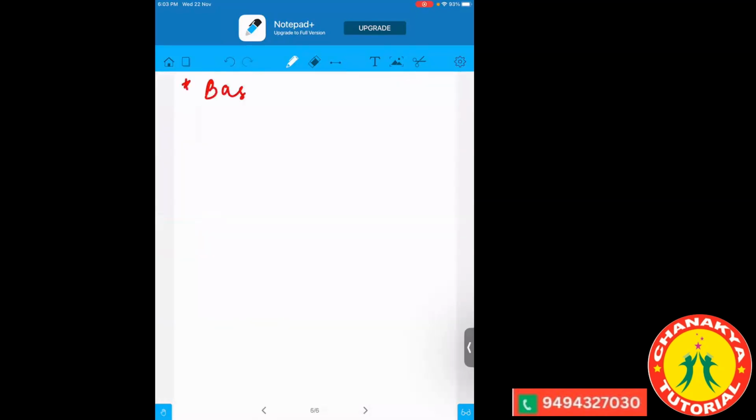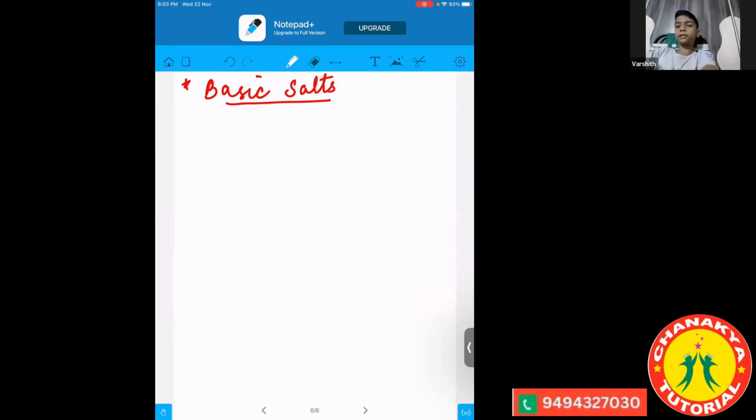Now in the next one, we have the basic salts. For the basic salts, what will be reacting? The strong base or the weak base? Strong base. Correct.